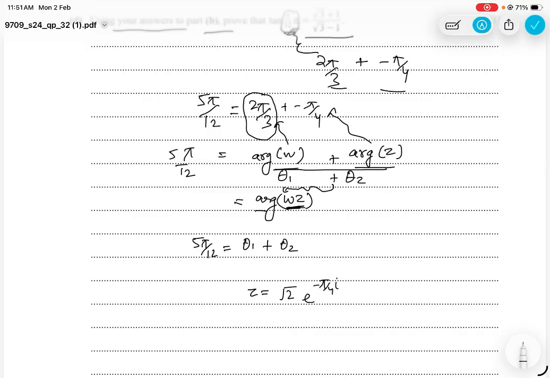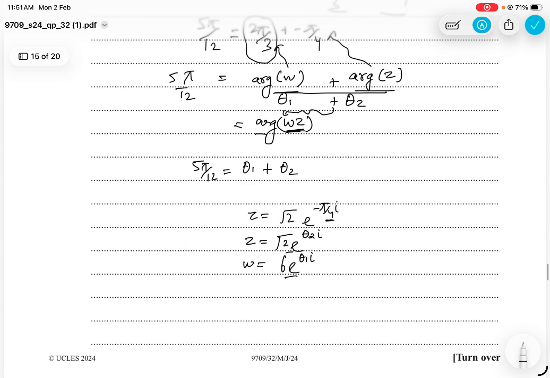Yes or no? Now listen very carefully. Instead of this, I am writing theta 1. Z equals root 2, or theta 2 I am writing, okay? Theta 2i. Very good. Now our W was 6 e to the power theta 1i. Agreed or not?